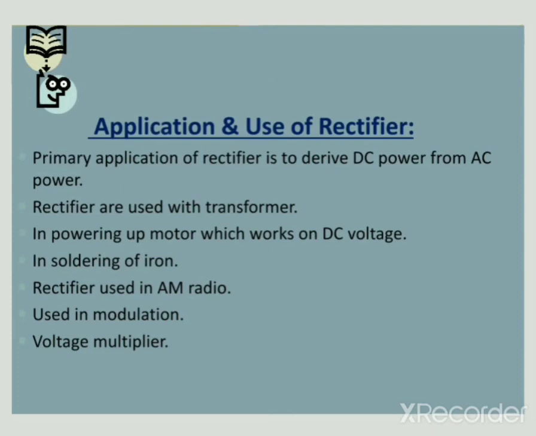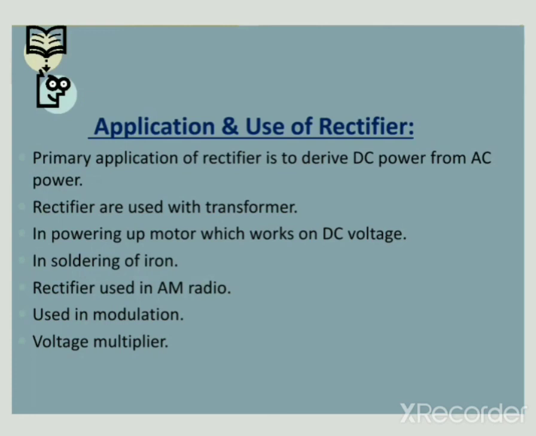So rectifiers are used with a transformer as full wave and half wave rectifiers, including in powering up motors which work on DC voltage. The bridge rectifier is used for large appliances and in soldering irons, and it is also used in AM radio.